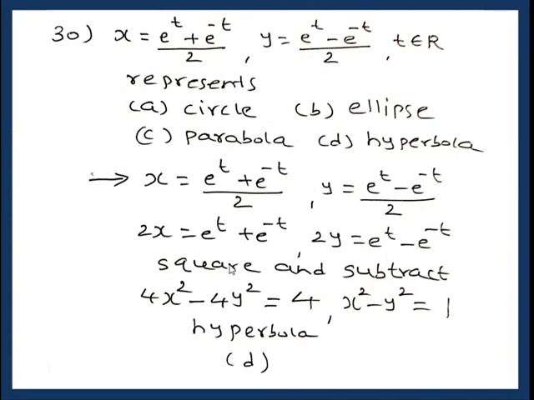For that you have to square and subtract. Why to square and subtract? Why not to add? If you square and add, t will not be eliminated. So for elimination you have to square and subtract. That gives you 4x square minus 4y square equal to 4. You need not simplify this at this stage only, or when you realize that you have to square and subtract, you have to go for option D, because it happens only in case of hyperbola. So correct option is D.